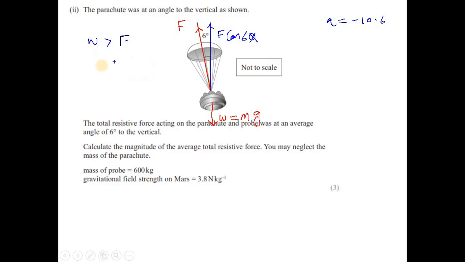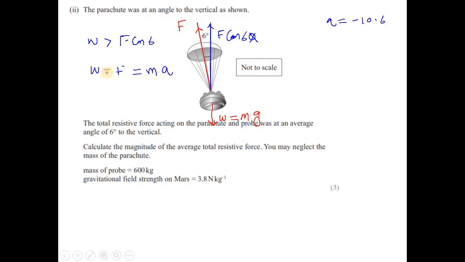That means we can write that W minus resistive force is equal to the resultant force, which is MA. Clearly, I can find F if I rearrange this equation. Another important point is, because we are comparing the vertical forces, it should not be only F, it should be F cos 6.